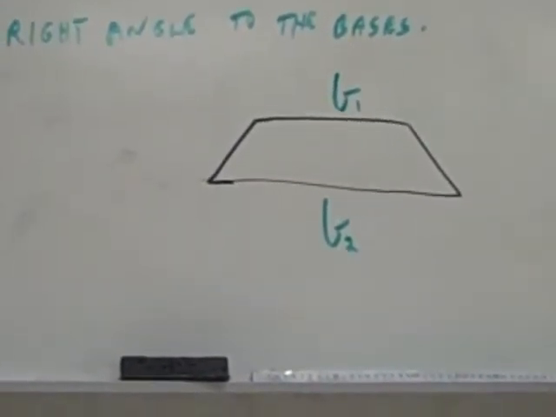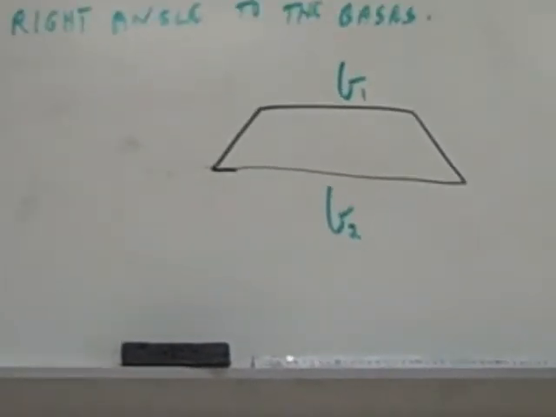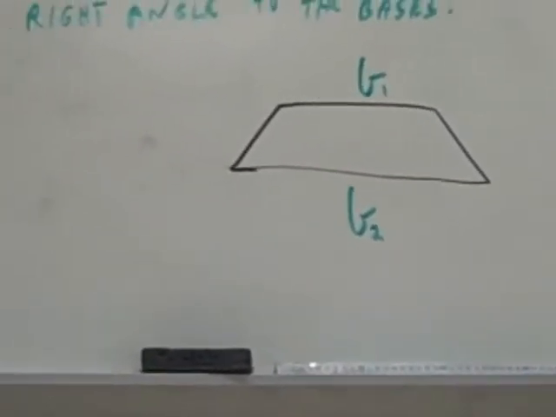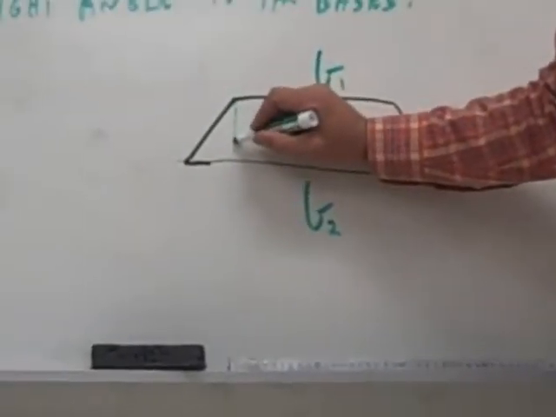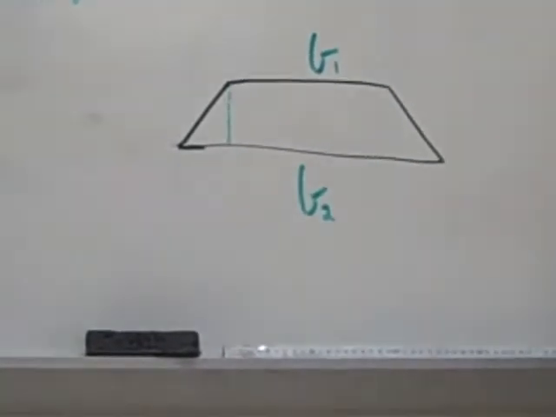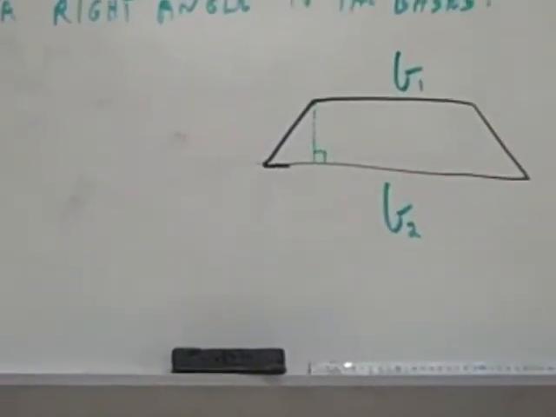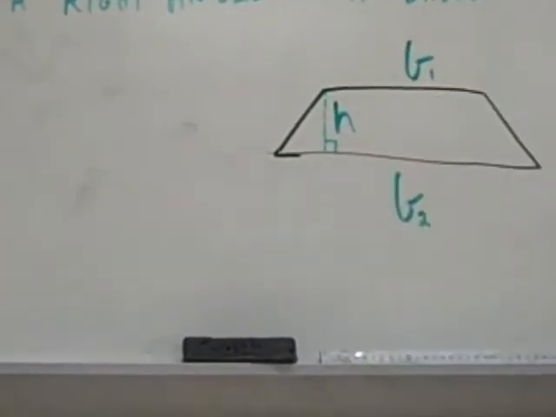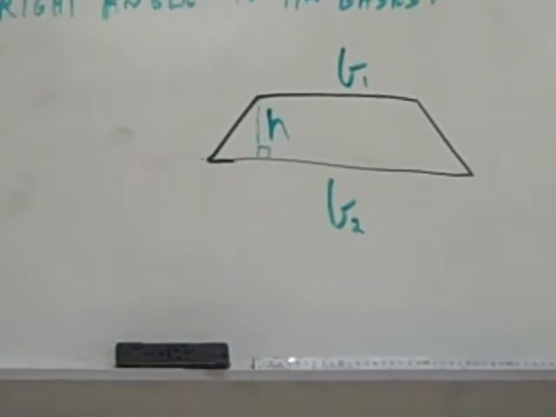If we just leave them plain old B, we are saying mathematically they're the same. They're not the same. So we have a base 1 and a base 2. And of course, just like in our parallelogram or in our triangle, when you have a straight up and down that forms a right angle, that will be your H.